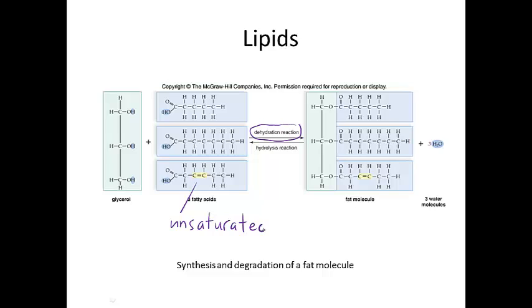So you've probably heard those terms before, saturated fats and unsaturated fats. If it's saturated, it means saturated with hydrogen, which means the carbons are bonded to as many hydrogens as they can, which means that the carbons are singly bonded to each other. So this would be saturated, and this one is saturated, and this one is unsaturated because of the double bond.